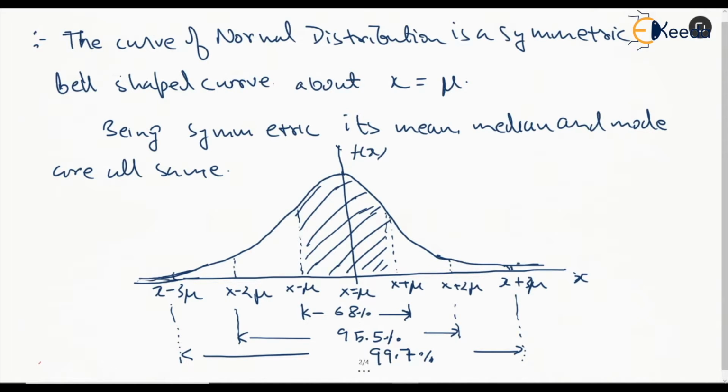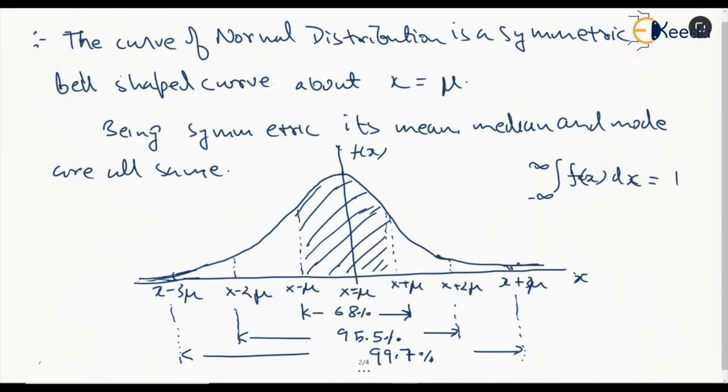And we also know that the integration from minus infinity to infinity of f of x dx, where f of x is the density function, gives you 1. So what is this integration? It is the area under the curve, right? So this curve will have overall area to be 1.